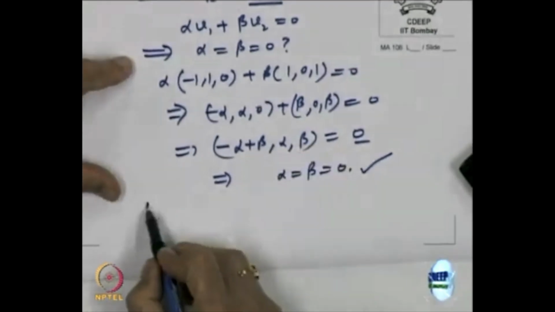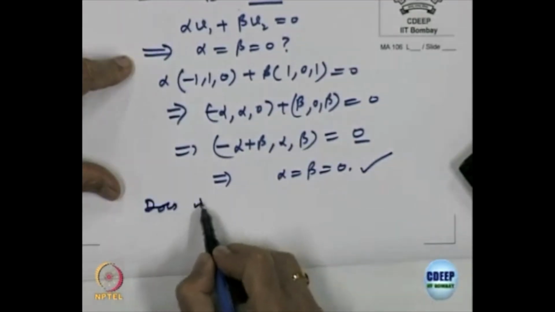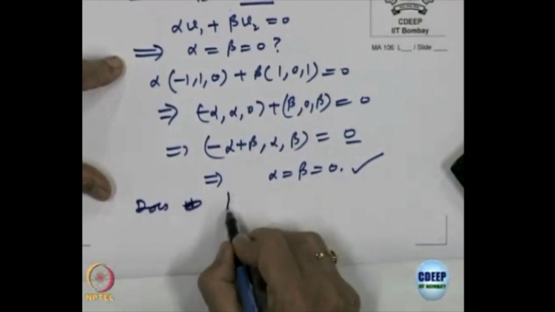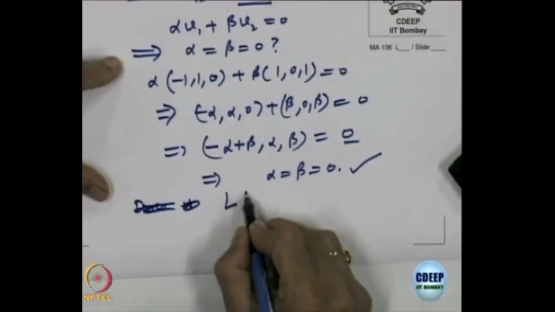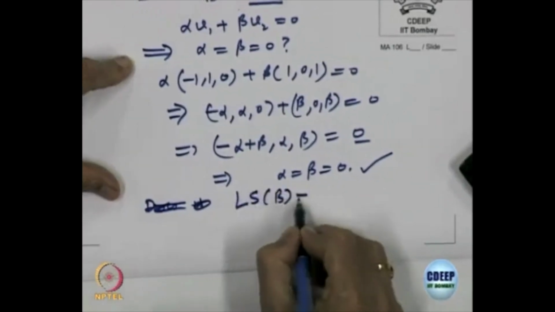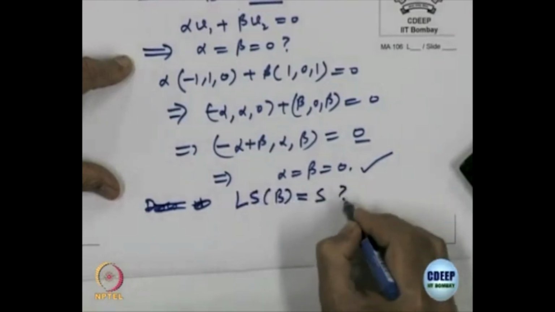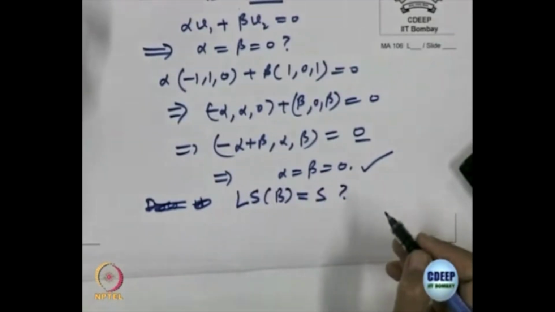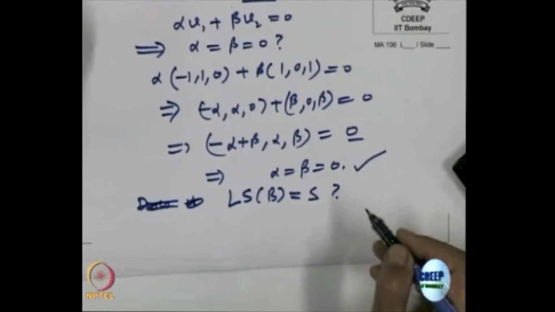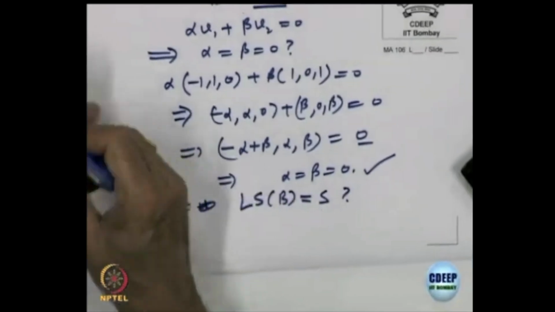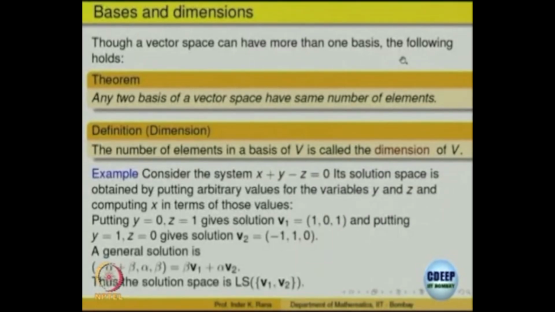Does it generate everything? That means, can I say the linear span of B is equal to S? All solutions are linear combinations of this, right? So that we have to check. You can write a general solution in terms of V1 and V2.